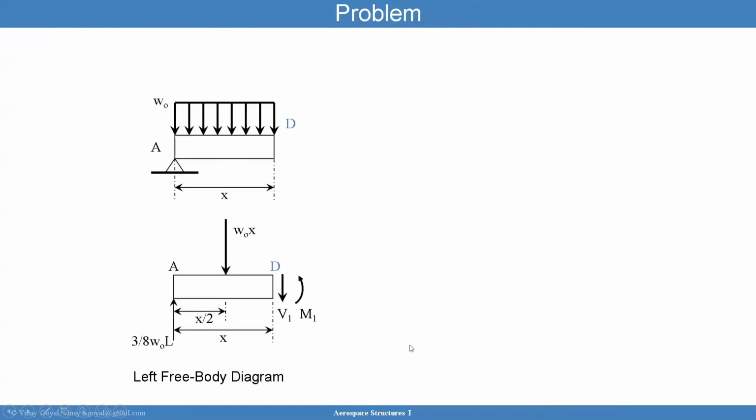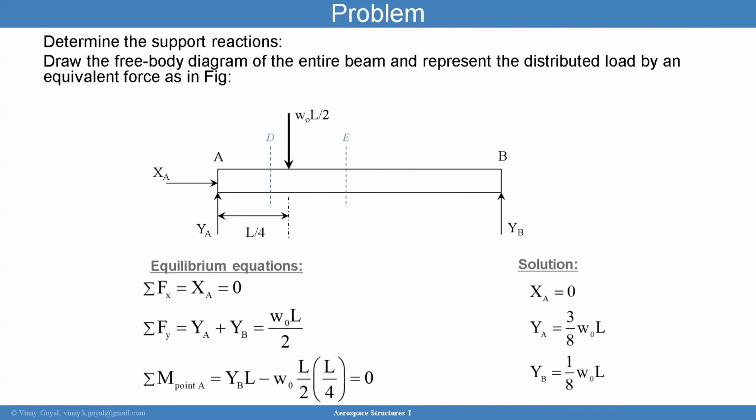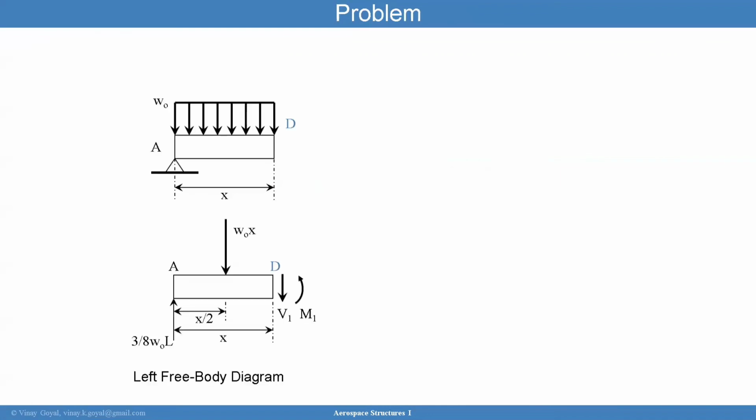Once you have the reaction forces, now you can do a cut at an arbitrary point D, and that gives a shear force and a bending moment at that plane. This distance is x. The reaction force is 3/8 W naught times L. That's what this is. And I'm going a little bit faster because you should be very crisp about mechanics of materials. If you don't, watch one of my YouTube videos where I go into more detail.